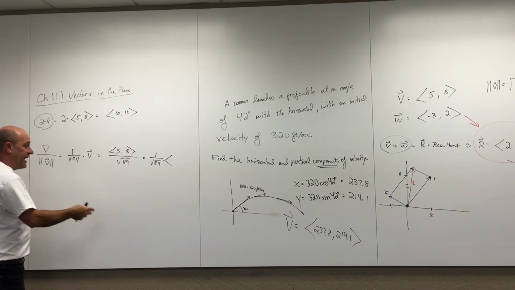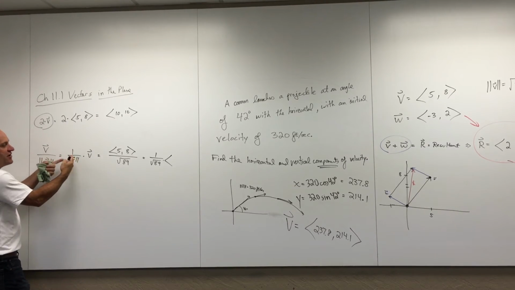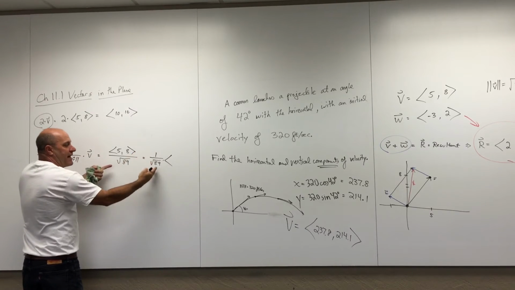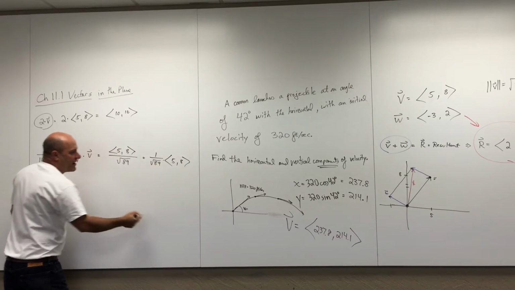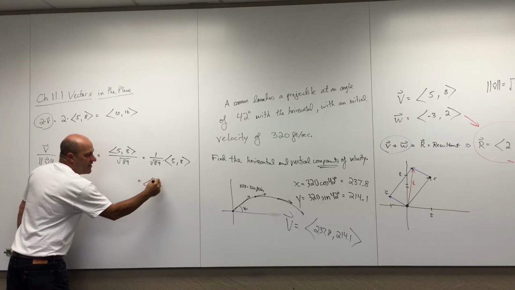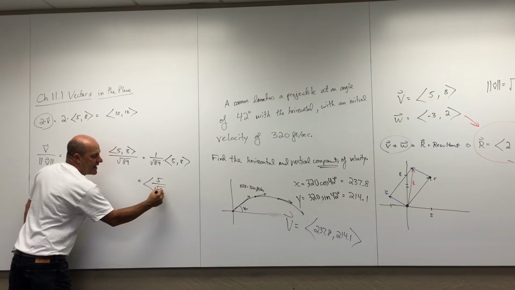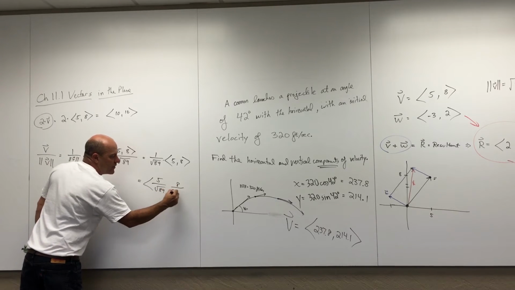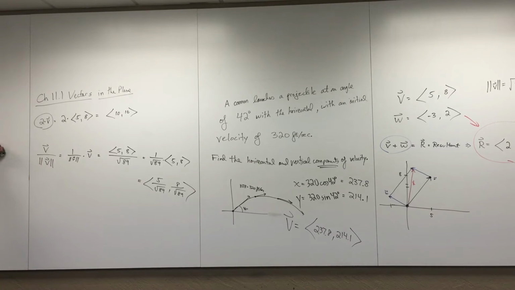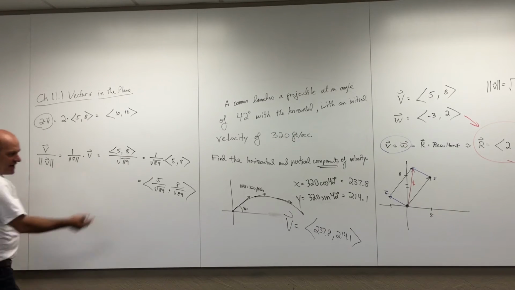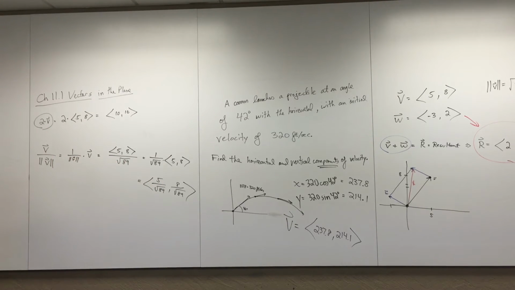So when I said I didn't teach you how to divide, well, I did teach you how to multiply. So I'm multiplying by this. There's really not much to do here, but I'll take it one more step. You get 5 over the square root of 89, and then 8 over the square root of 89. What did we just do?